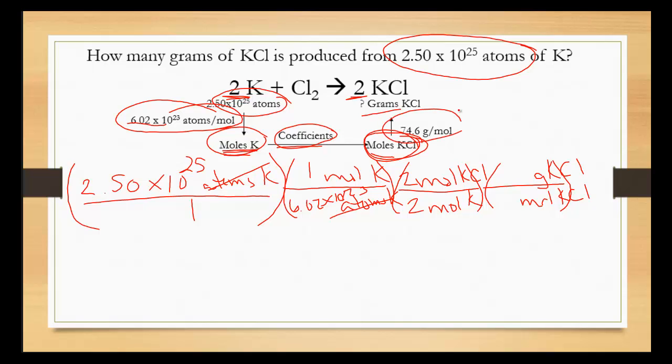For grams, 74.6 goes with grams, and it's per 1 mole. So to calculate this out, it's going to be 2.50 times 10 to the 25th divided by 6.02 times 10 to the 23rd times 2 divided by 2 times 74.6. That comes out to be 3.10 times 10 to the 3rd grams of KCl.